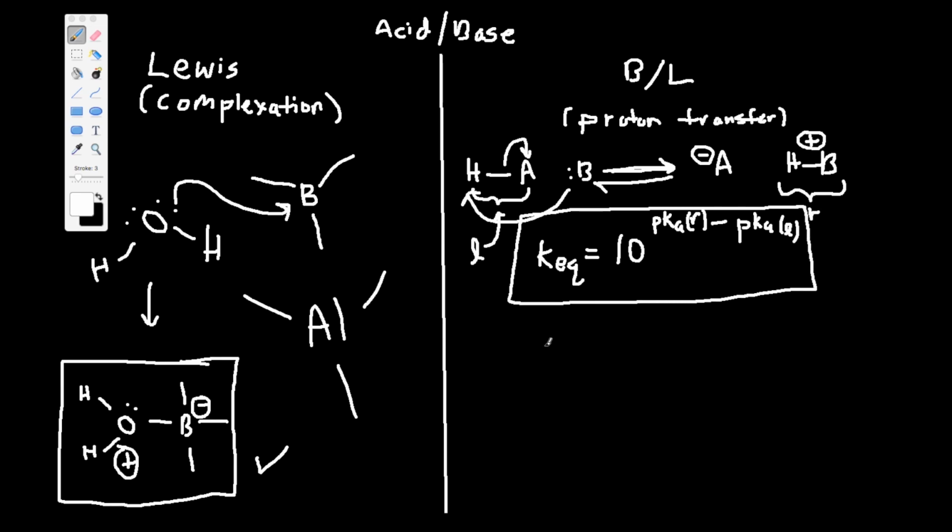And so when something is completely deprotonated, that's when the KEQ equals 10 to the third. So this up here has to equal 3 in order for this acid to be completely deprotonated by this base and for this reaction to occur to completion.